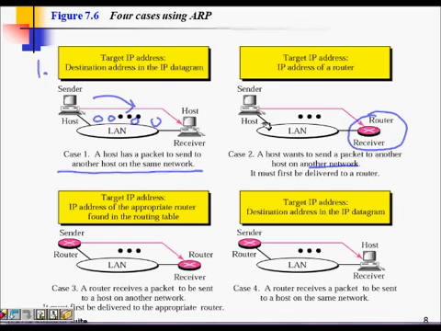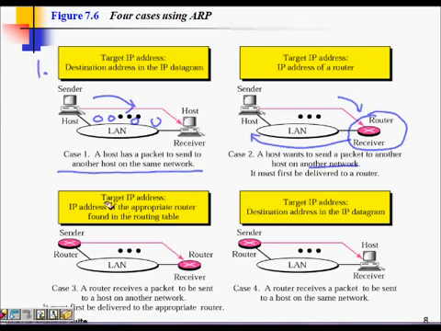So again I will send a broadcast ARP request asking what is the MAC address of this particular router, and this router will send a unicast ARP reply. So broadcast is to everyone, unicast is to just a single user.